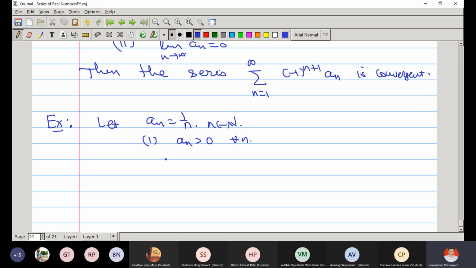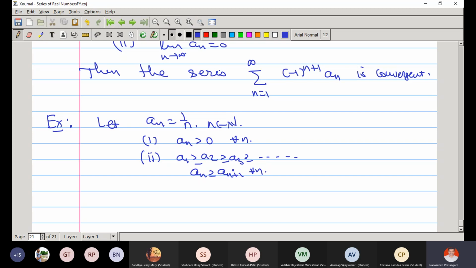Is it true that the terms a1, a2, a3 are decreasing?